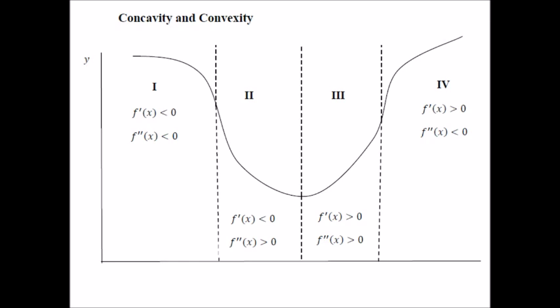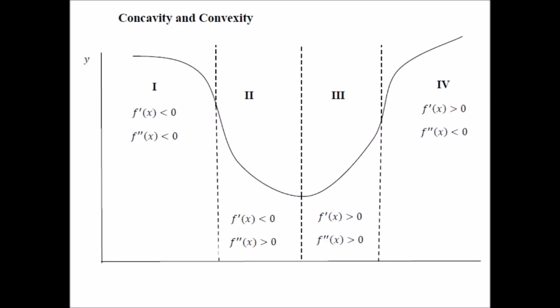So while in region 3 the first derivative becomes positive, the function begins to slope upward, the second derivative is still positive, so the shape looks like the right-hand side of the letter U. Versus in region 4, the function is still increasing, the first derivative is still positive, but the second derivative has switched to being negative, and so the graph now looks like the left side of the lowercase letter n.